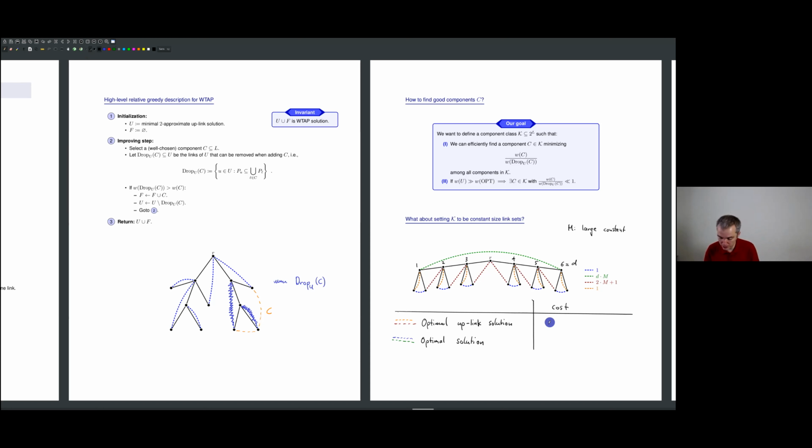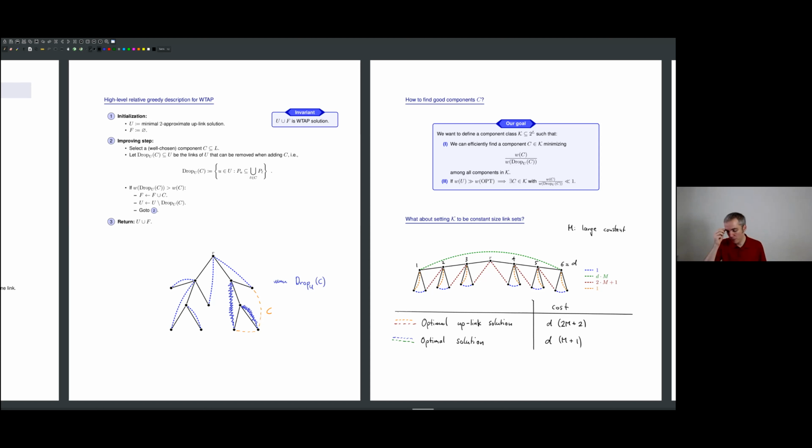So this will be d times 2m plus 2. If you look at the optimal solution, you have d of the blue ones each costing 1, and the green one, which costs d times m. So this is dm plus d. So indeed, you have a factor 2 difference between the two solutions.